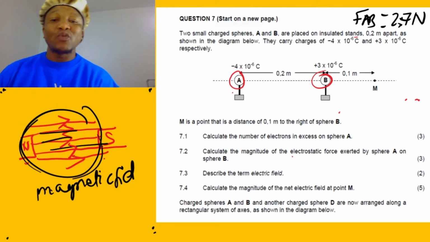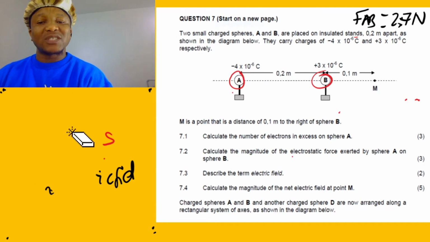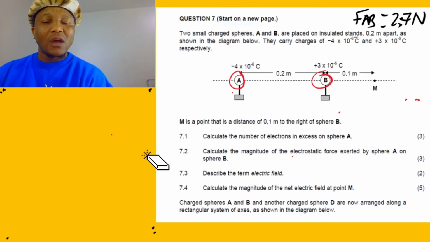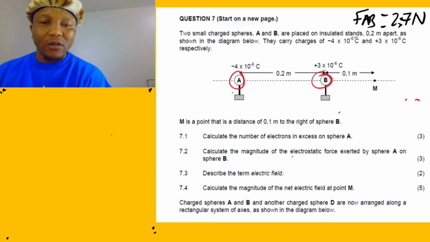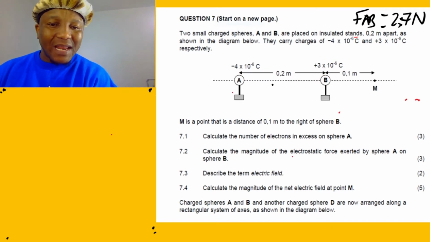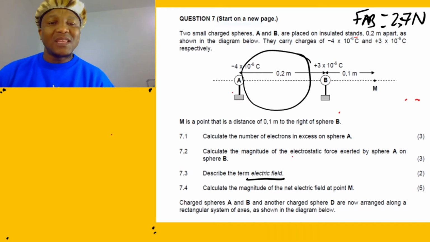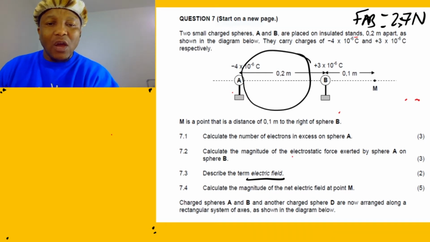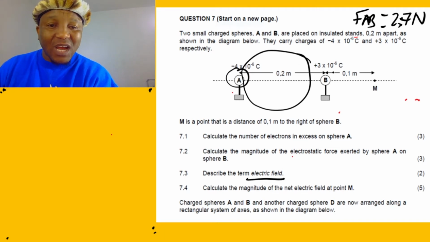Now let's come to electric field. For electrostatics, we have a field here. When they talk about electric field, they mean this field where there is a force of attraction between a negative charge and a positive charge.